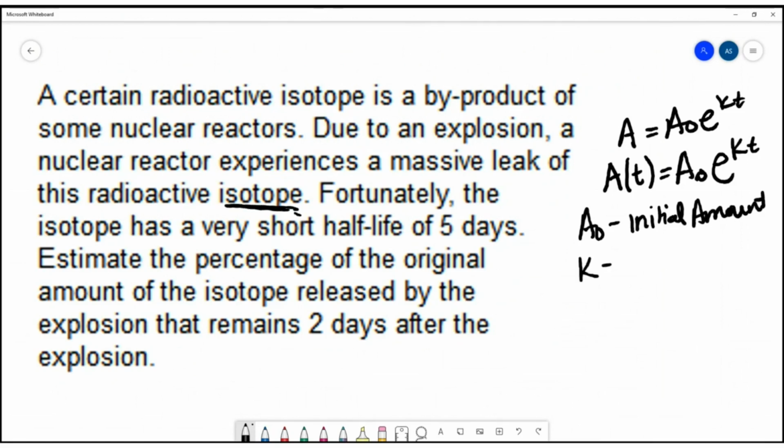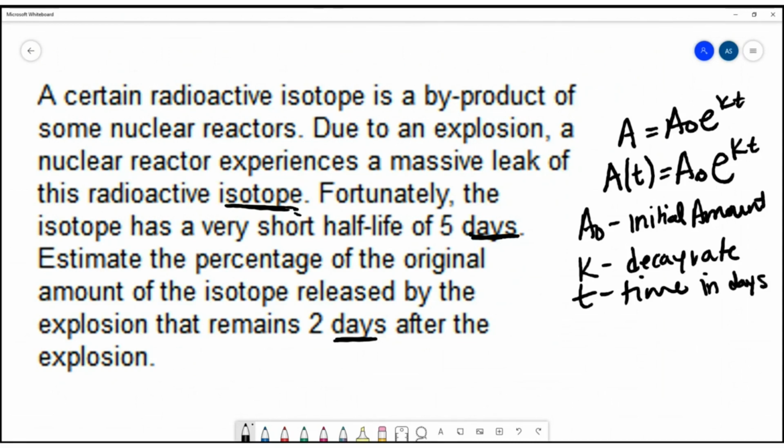Then k is our either growth or decay rate. In this example, because it mentions having a half-life, the isotope is decaying, so it's a decay rate. t is time. In this case, the units are days, but it can be something different in other problems.